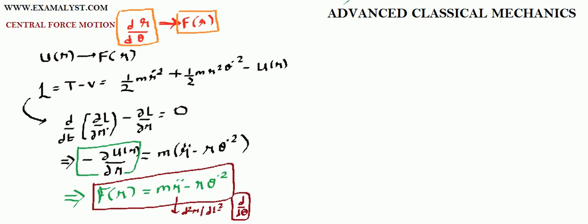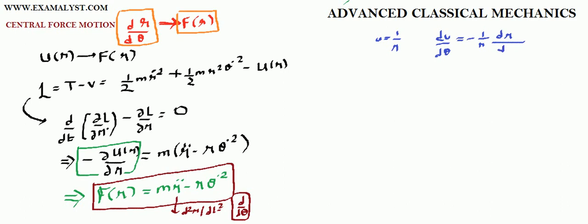In the next step, just assume a particular variable which is small u, and let this small u be 1 by r. If small u is 1 by r, you can easily tell me what du by d theta will be. So du by d theta equals minus 1 by r square dr by d theta.